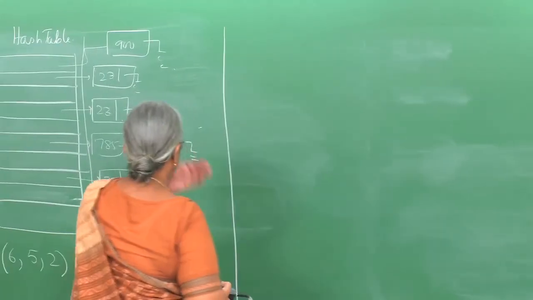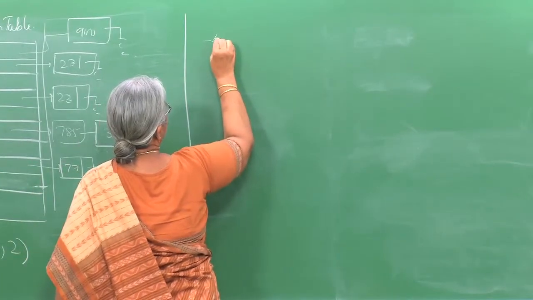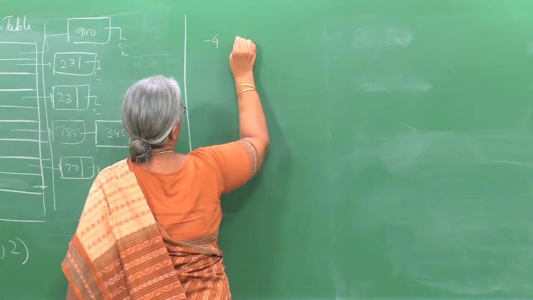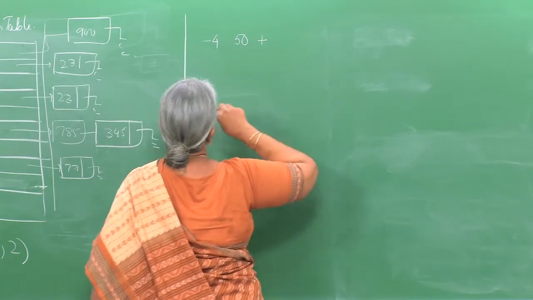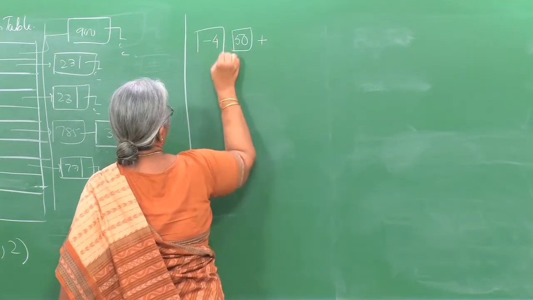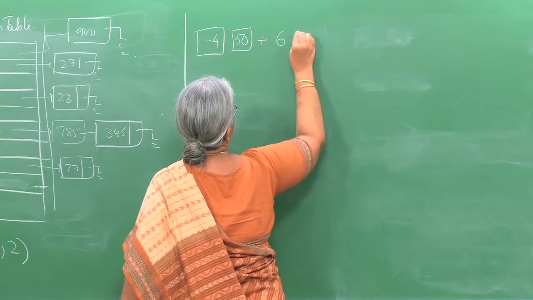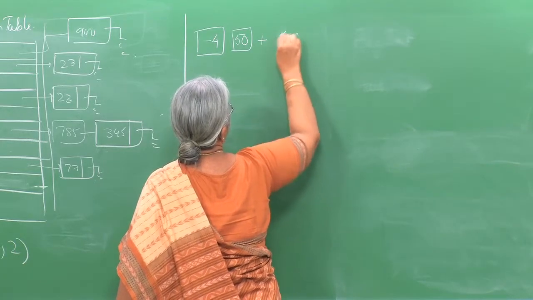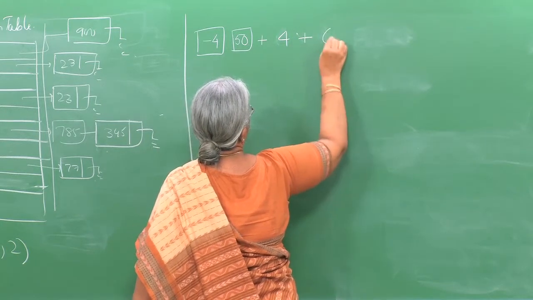So, let us say I have the numbers -4, 50, plus, and this is one token, and 6 and star, 6 plus let us say 4 plus 6 and star.